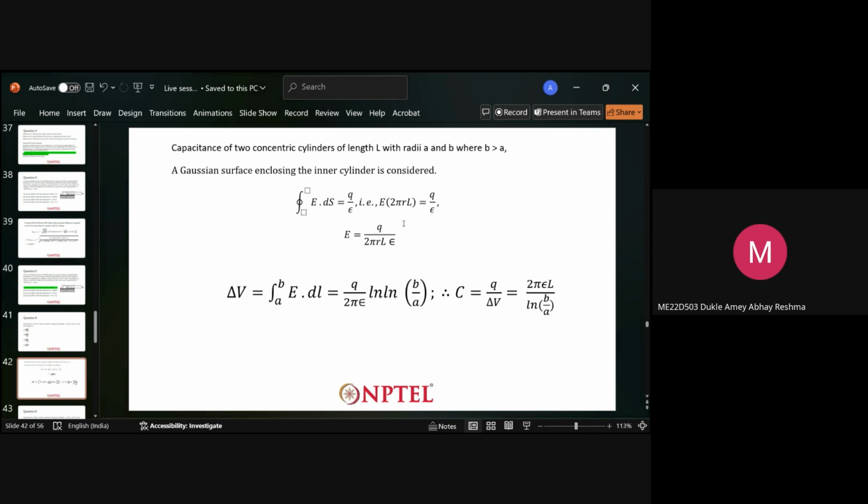We integrated ds over the entire surface length, 2 pi L, so we got the answer as q upon 2 pi R L into epsilon naught. Now to get the capacitance, we find out the voltage. To get the voltage, we integrate the field over the distance.